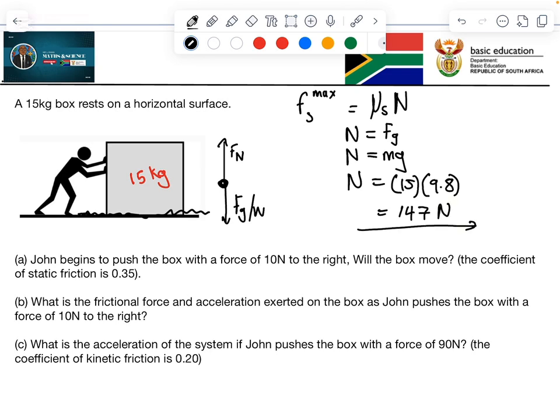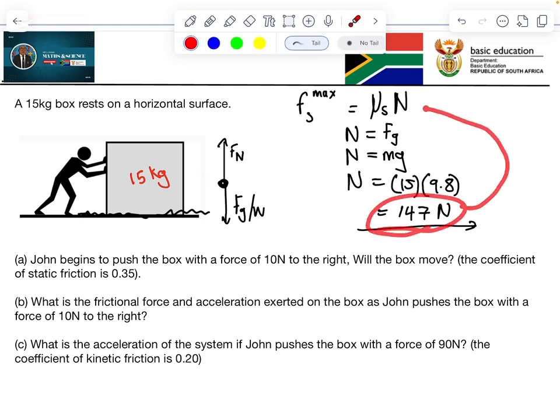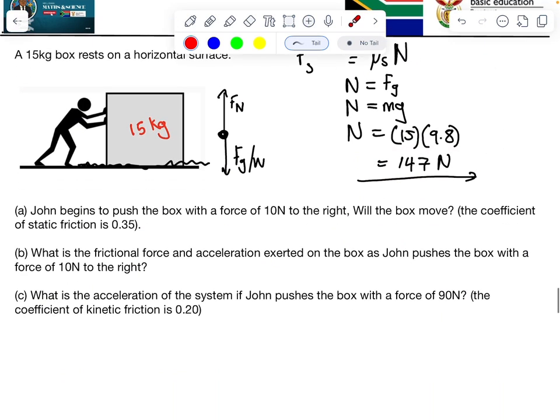Now we take this normal force and substitute it into our maximum static friction equation. The maximum static friction is the coefficient of static friction multiplied by the normal force.